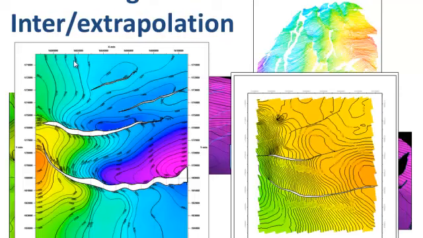So extrapolation plays with the fault plane and fault heave. Interpolation plays with the closure itself. It may change the shape of the closure from four-way closure to three-way closure, from three-way closure maybe to elongated closure, or some different forms.